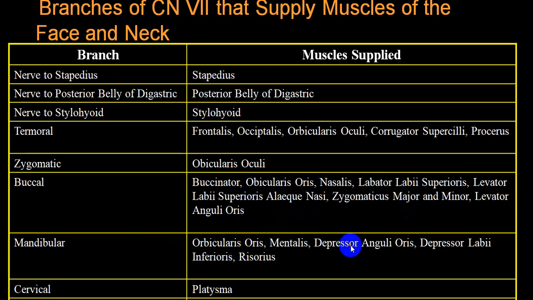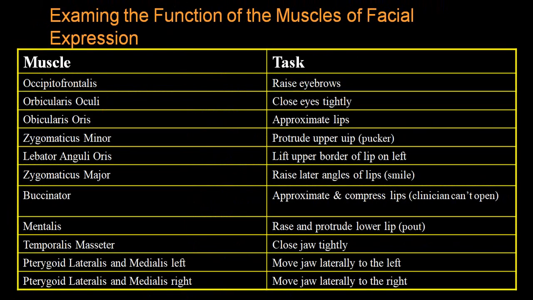Then the depressor muscles, etc. The cervical branch supplies platysma, and the posterior auricular branch supplies the occipitalis muscle. In some people it is prominent, so the person can move it, and a little posterior movement may be seen.